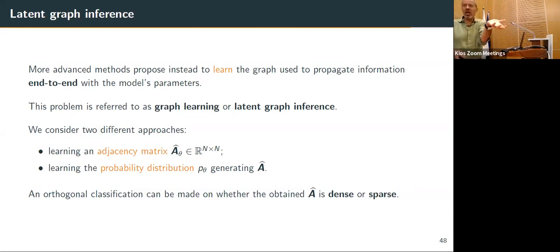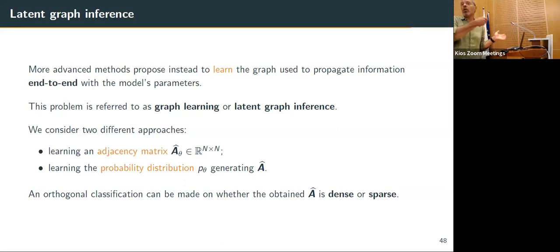So over time it can change. There is noise in my data. So you are asking for one adjacency matrix, but is it not better if we are able to learn the distribution associated with the generation of the adjacency matrix? So we want to learn a parameterized probability that will induce the adjacency matrix.